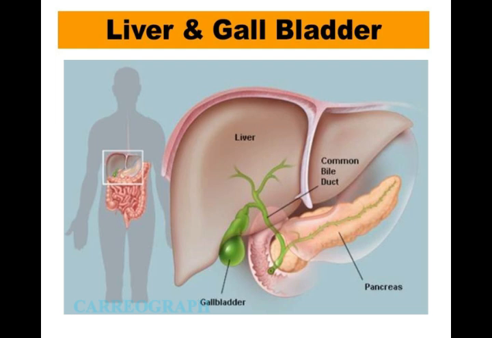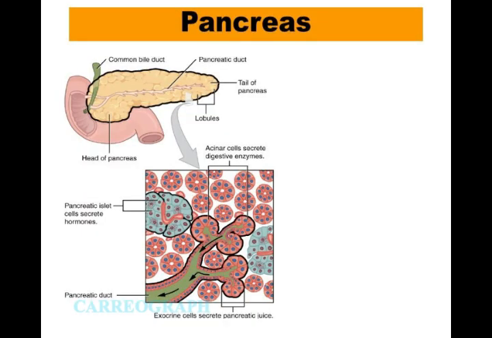Now friends, we will see another very important accessory organ which is present in our digestive system, the pancreas. See, this pancreas is the organ which plays a very important role in digestion. It is a leaf-like structure situated below the stomach and in between the duodenum.